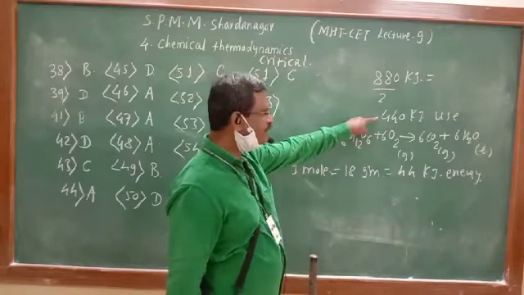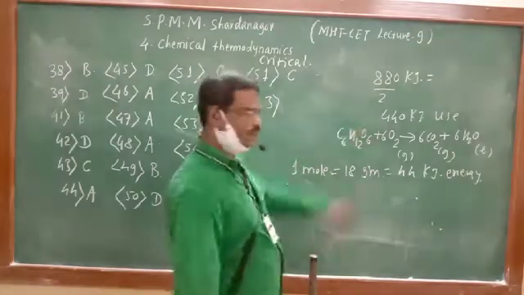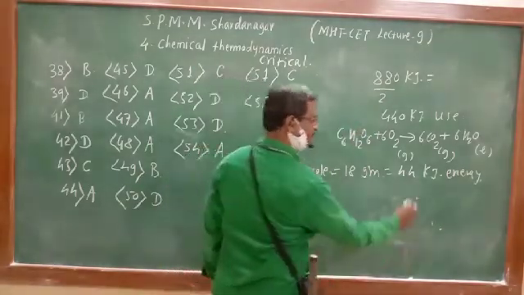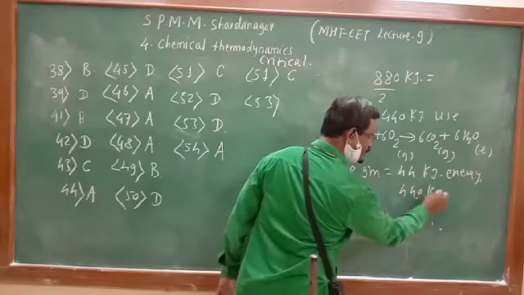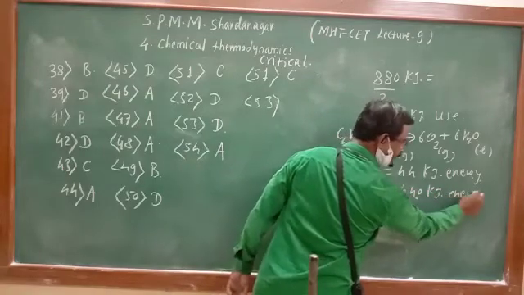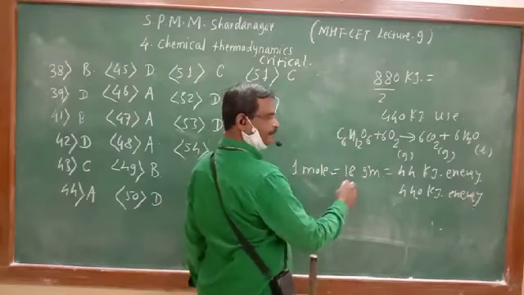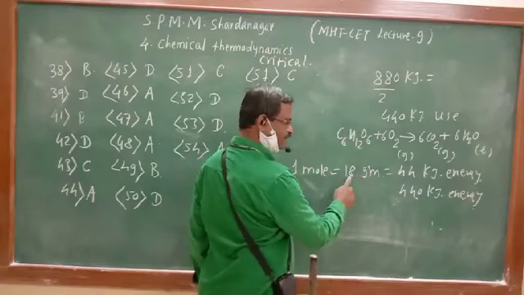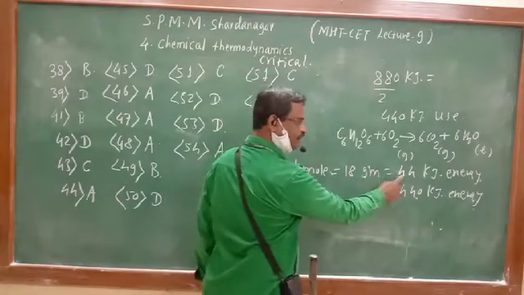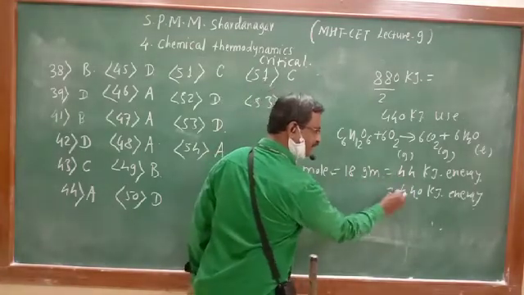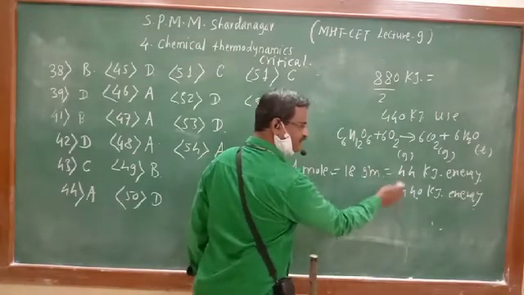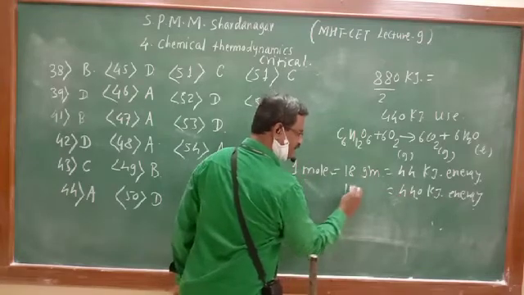How much energy does he require? 440 kilojoule. 1 mole, that is 18 gram, gives 44 kilojoule energy. For 440, this is 10 times, so this is also 10 times.